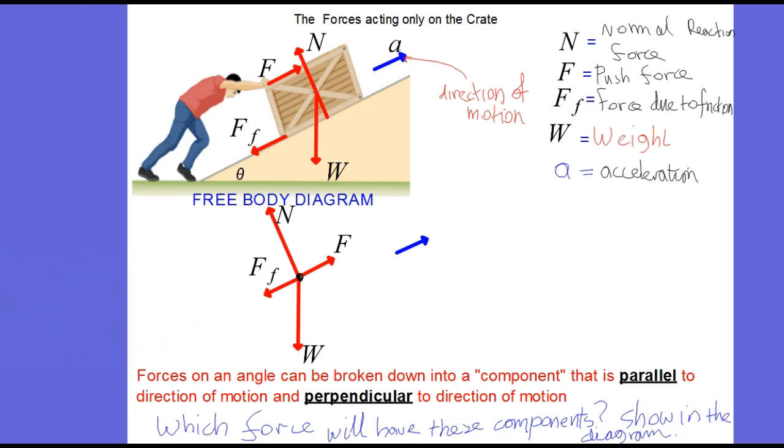Now, motion, Aneth, what is indicating the direction of motion in our diagram? It's going up, that's the acceleration. So this part, the blue arrow, shows the direction of motion.